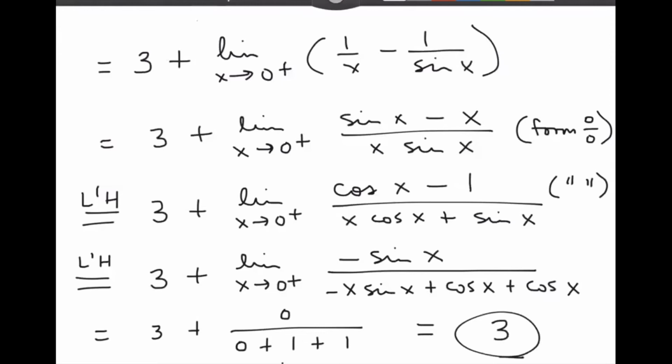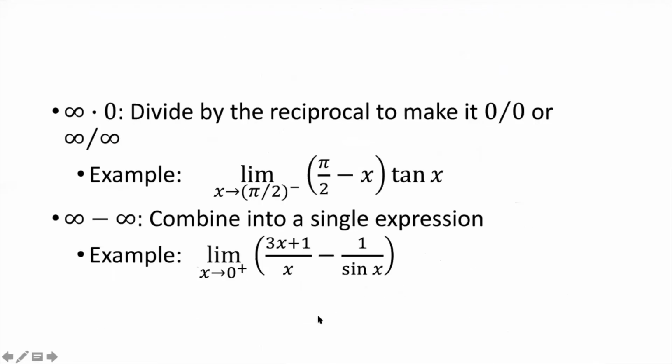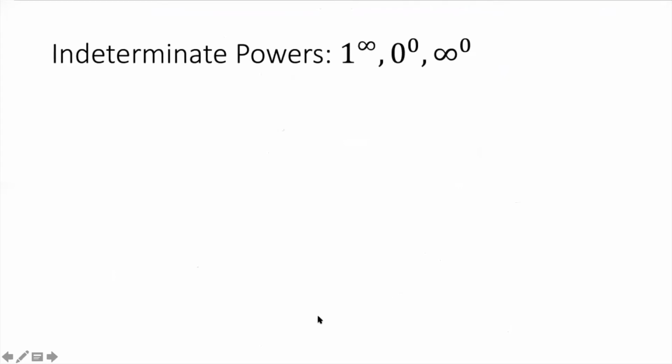All right, back to the presentation. One more thing to show you. Indeterminate powers, such as 1 to the infinity, 0 to the 0, or infinity to the 0. It's a little bit harder to explain why these are indeterminate, but those are the 3 that are indeterminate.